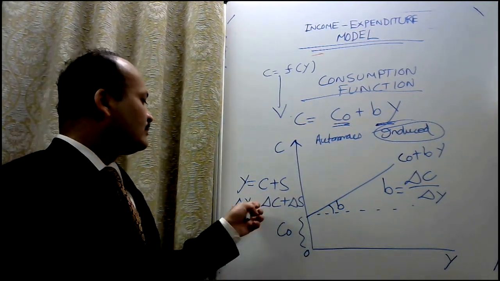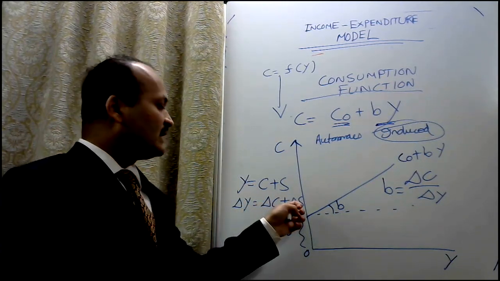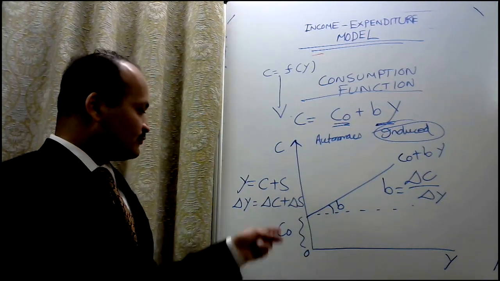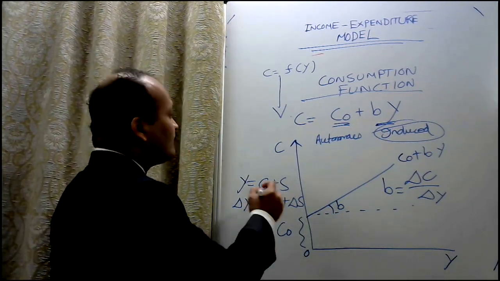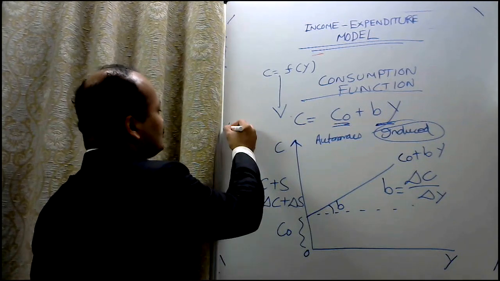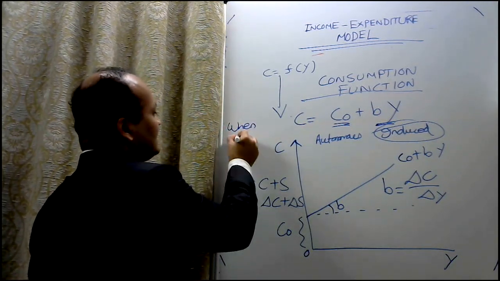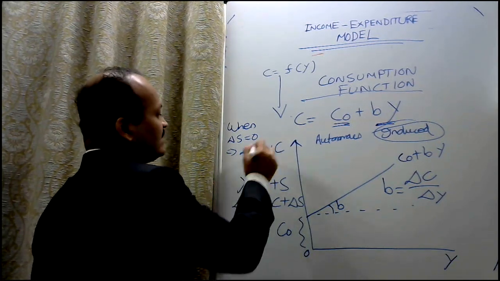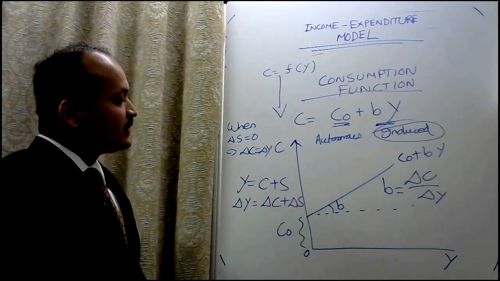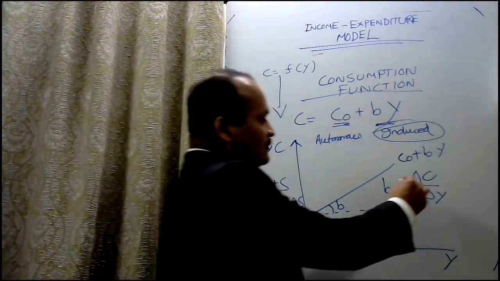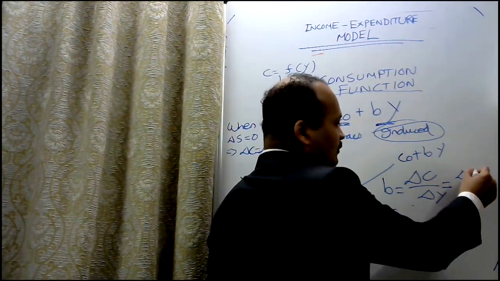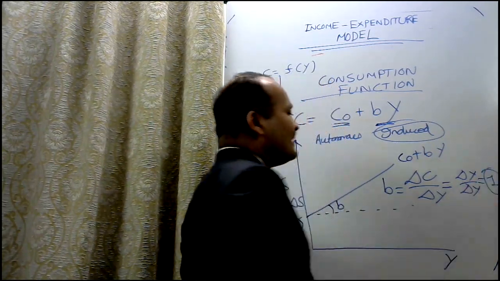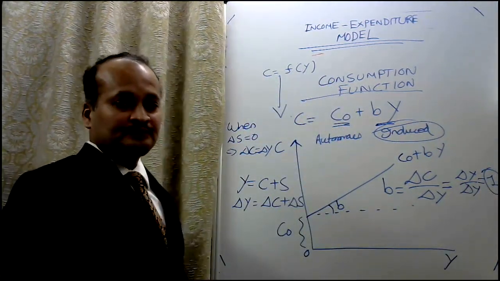Now del C can be maximum equal to del Y if del S is equal to 0. When del S is equal to 0, del C is equal to del Y, which gives me 1. So maximum B can be 1.